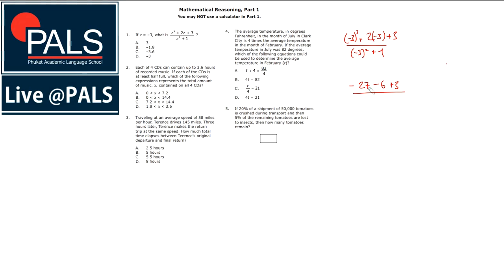Squaring a negative number gives us a positive number, so that's 9 plus 1. If we add the numbers up on the top side, that gives us -30 divided by 10, and that is -3. So the answer is D.